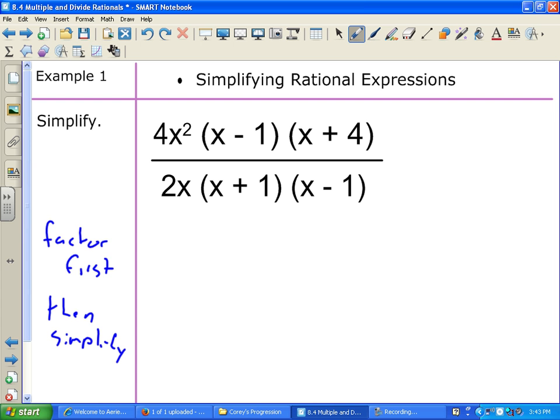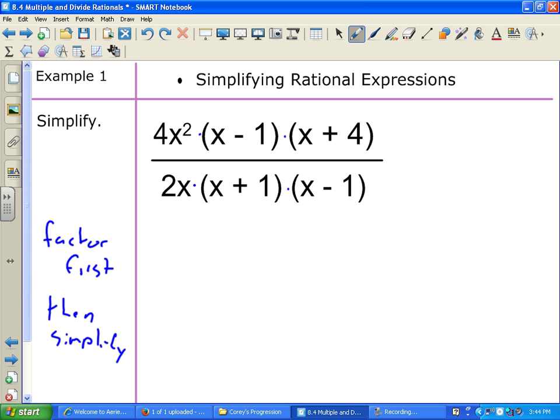After we've factored, please realize that everything in the numerator is multiplied, and everything in the denominator is multiplied. Because of that, at this point we can simplify or reduce the problems by removing common factors.